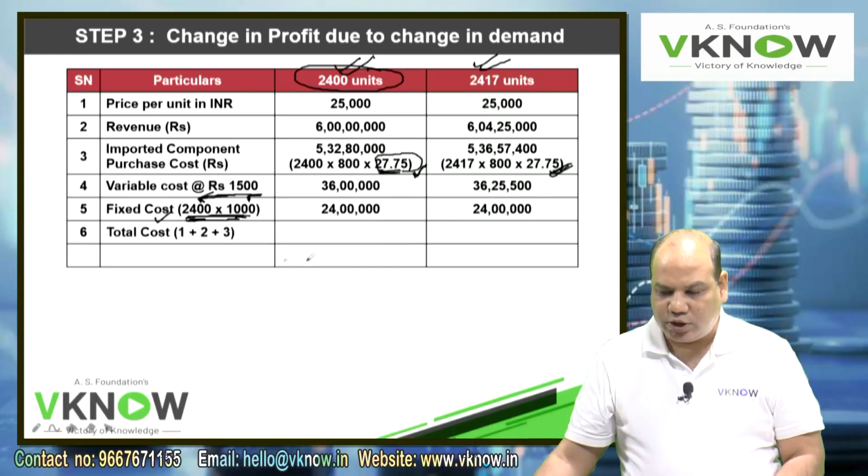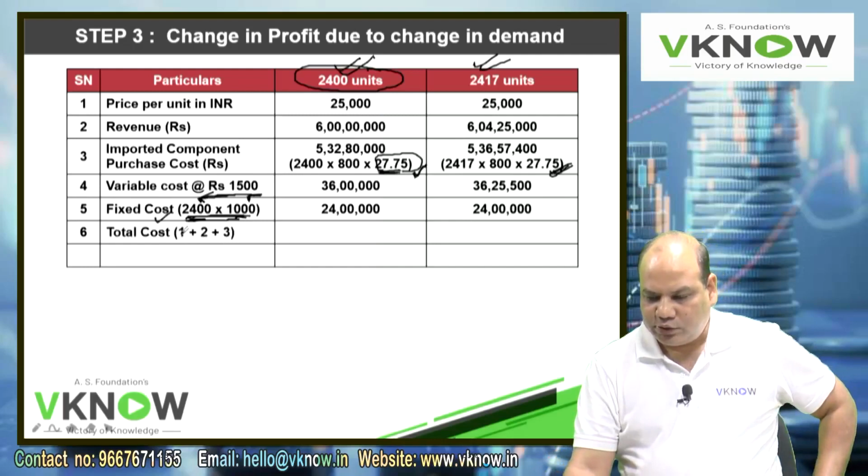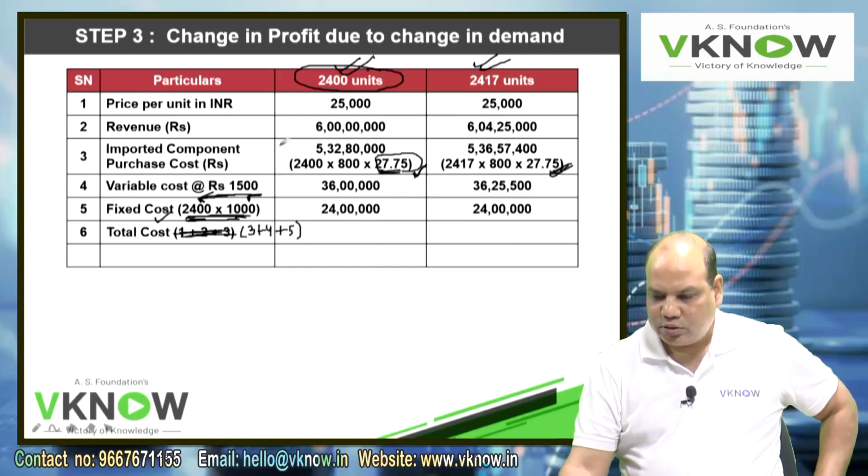Point number 6, write down total cost. Total cost will be 3 plus 4 plus 5. In bracket write 3 plus 4 plus 5. So please take the total of imported component cost, variable cost, fixed cost. Take the total of these three numbers.